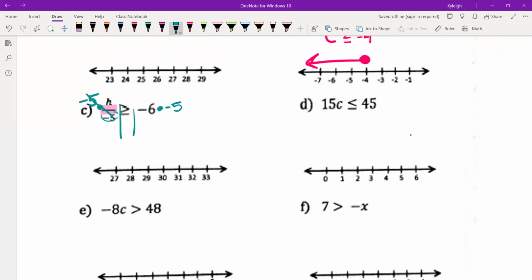Those -5s cancel. We're left with h. -6 times -5 is 30. But we just multiplied by a negative, so my inequality sign flips. When I multiply or divide by a negative, my inequality sign flips the other direction. So now it's a closed circle going to the left instead of the right.